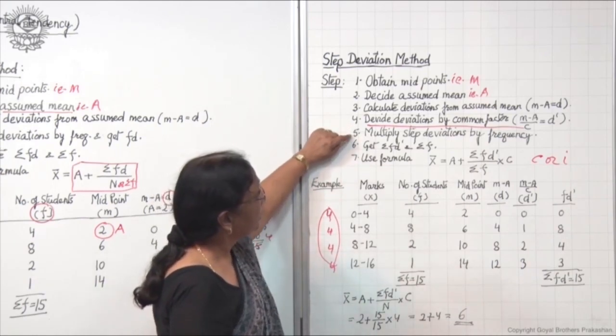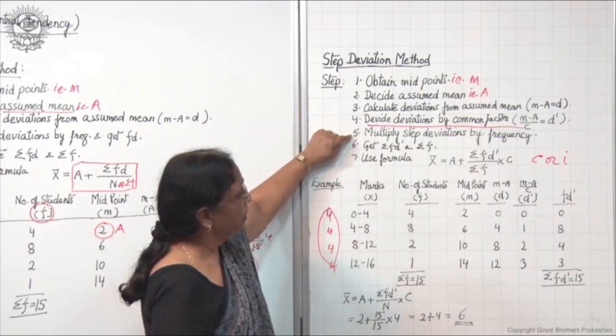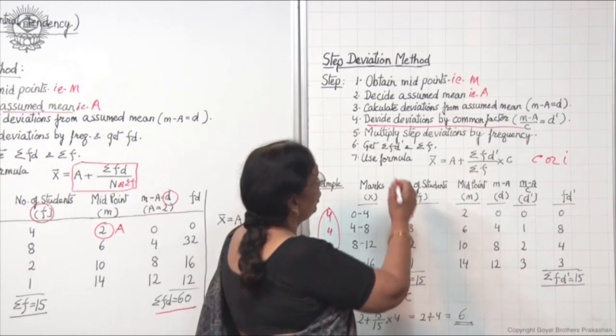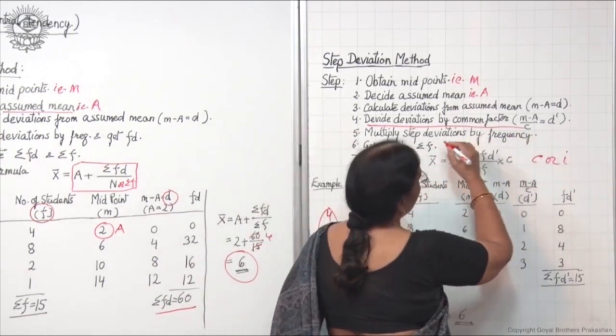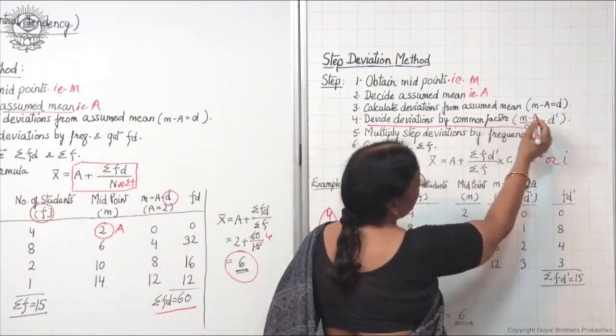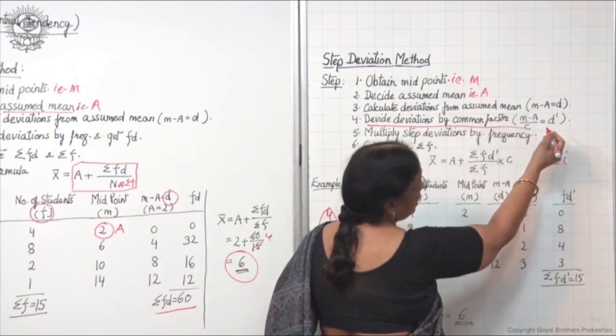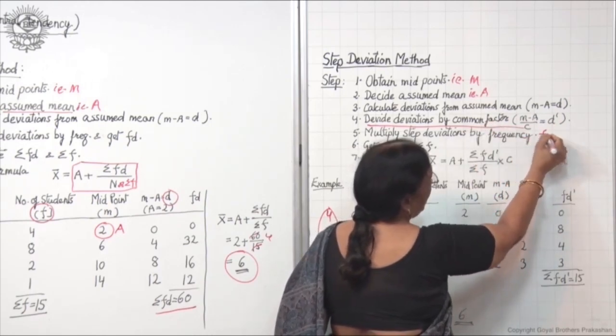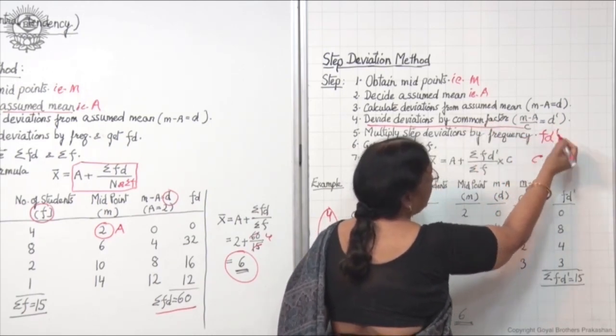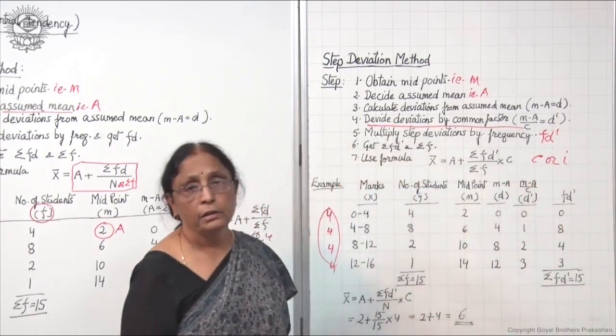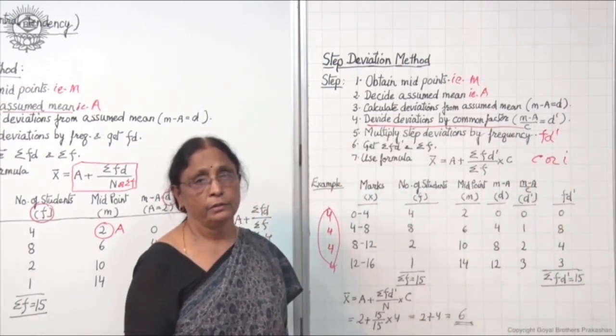Then multiply step deviations by frequency. Now what are step deviations? Deviations are D and step deviations are D dash. Multiply step deviations by frequency, and we get FD dash.